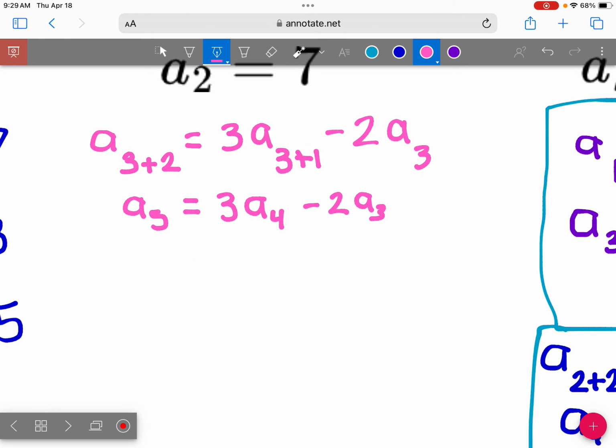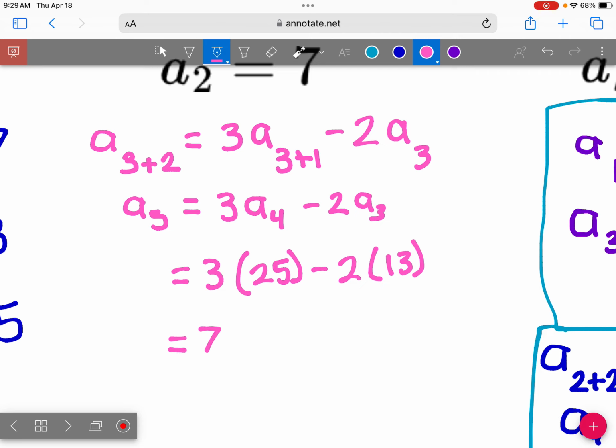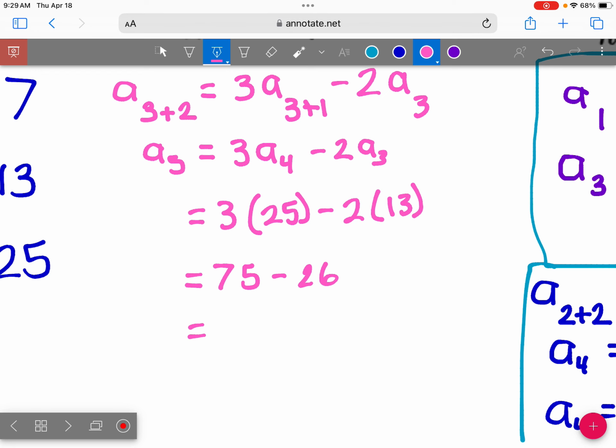So a sub 5 is going to be 3 times a sub 4 we just said was 25 minus 2 times a sub 3 was 13. So that's going to give us 3 times 25 is 75. And 2 times 13 is 26. So the value of a sub 5, 49.